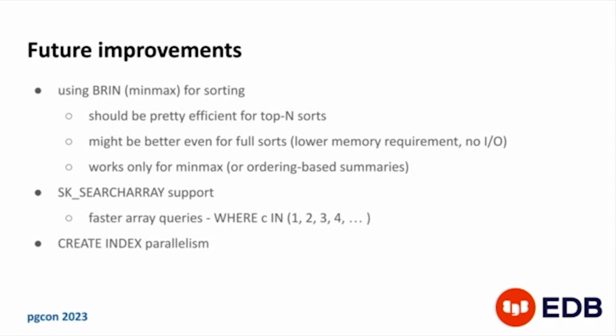Instead of scanning the index once, we do that once for each key and then merge them together, which is really inefficient. Then, when you are creating the index, currently there is no parallelism for BRIN indexes. We do support parallel create index for BTREE indexes, but not for BRIN. And we have a patch that fixes this.